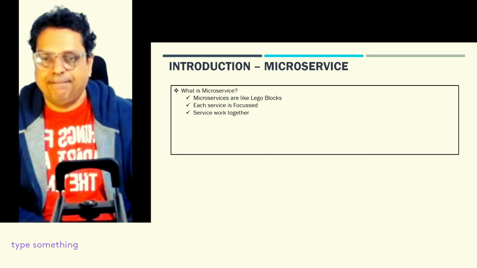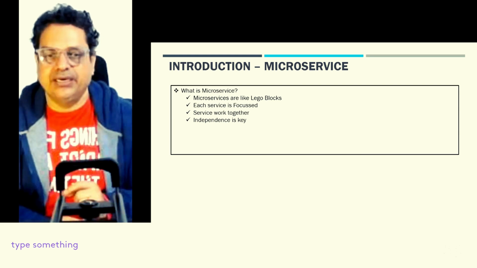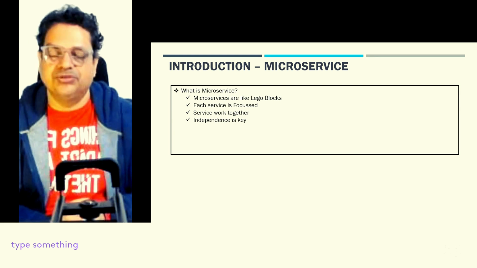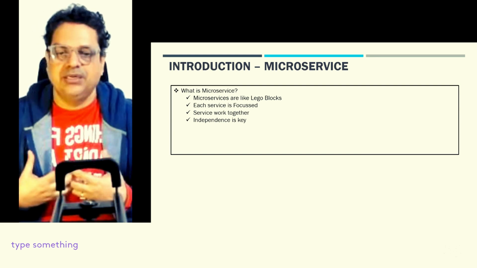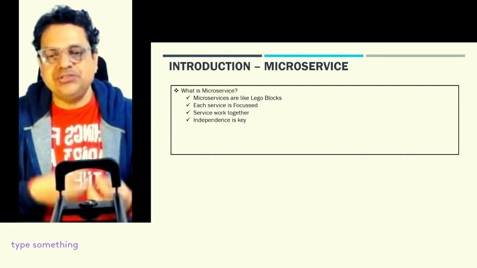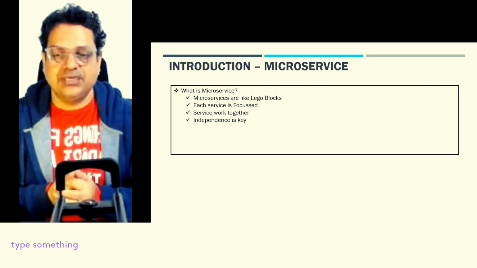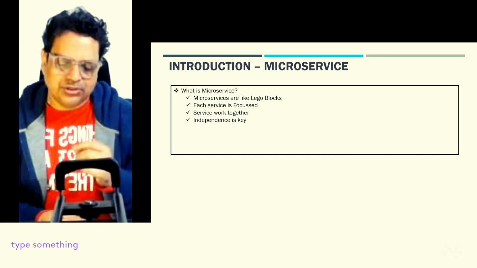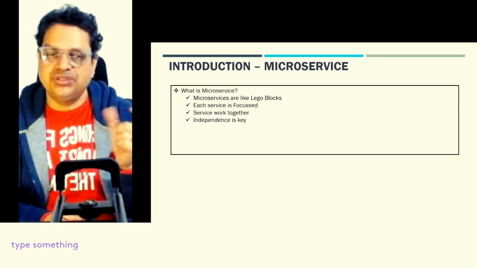Let's move to the next, which is independence. Independence is key here. This is the next attribute I always mention for microservices. Each microservice is independent. This means you can change one service without disturbing other services, right? Take one analogy here. Suppose you want to replace the battery in your TV remote. Do I need to do anything with the TV set?